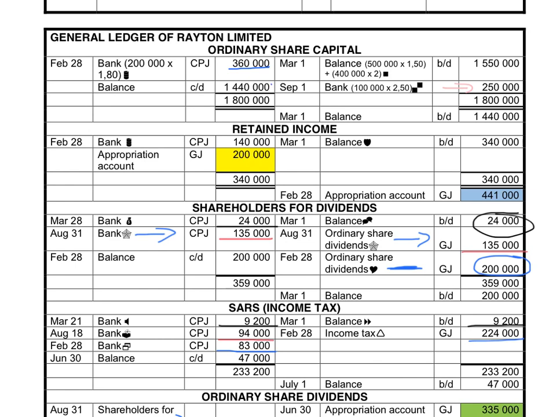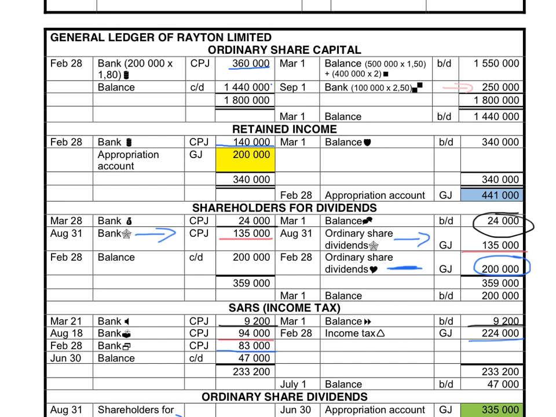The retained income opening balance was 340,000. That was kept back in the business from previous years' profits, and we will take 140,000 out of that retained income to pay back the shareholders for the shares that we are buying back.